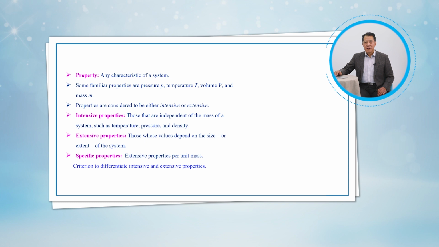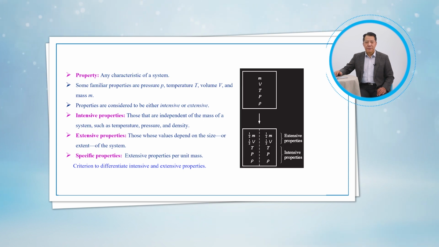Total mass, total volume, and total momentum are some examples of extensive properties. Another way to determine whether a property is intensive or extensive is to divide the system into two equal parts with an imaginary partition, as shown in the figure.